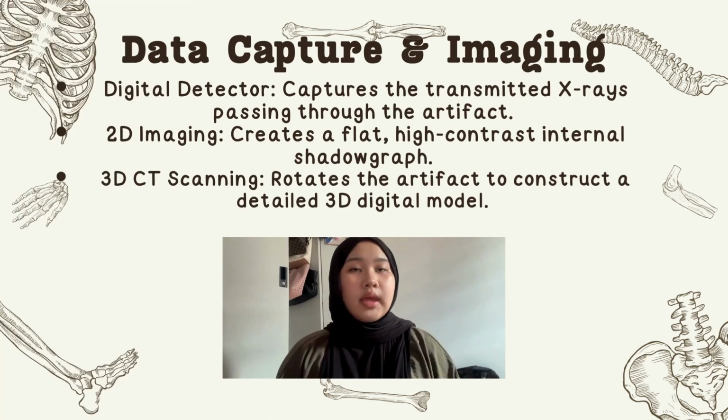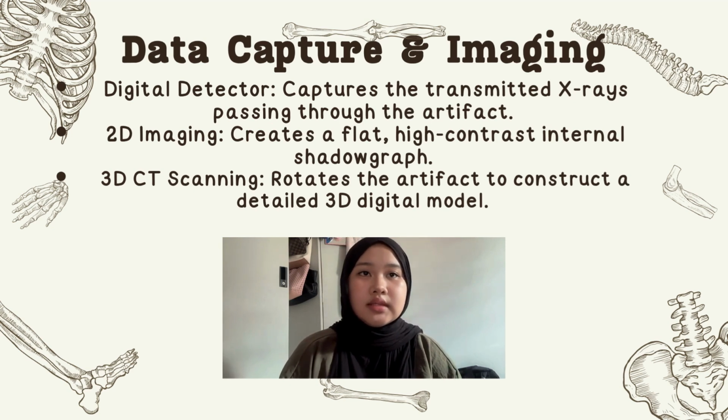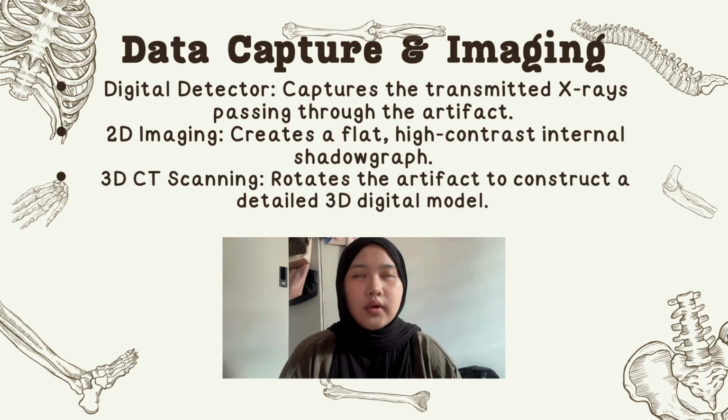Finally, how do we capture this data and transform it into a visual image? After the X-ray beam penetrates and exits the artifact, the remaining radiation hits a highly sensitive digital detector array. This detector measures the intensity of the escaping rays and translates them into digital signals. We can process this data in two distinct ways, depending on our objective.